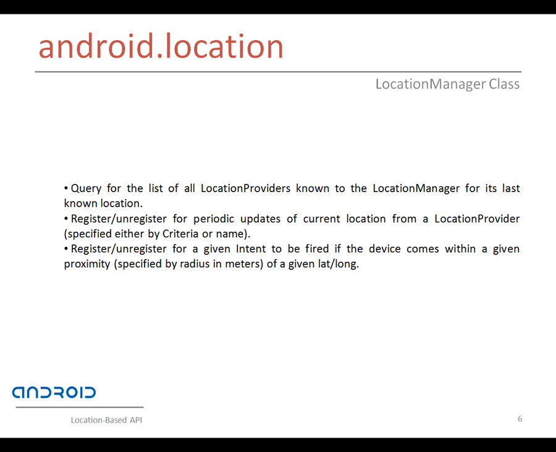So what are the merits and demerits of the network based location provider and the GPS based location provider? Sometimes you have seen the problem of battery draining in your Android mobile phone.